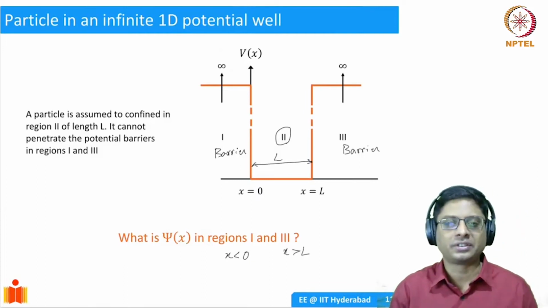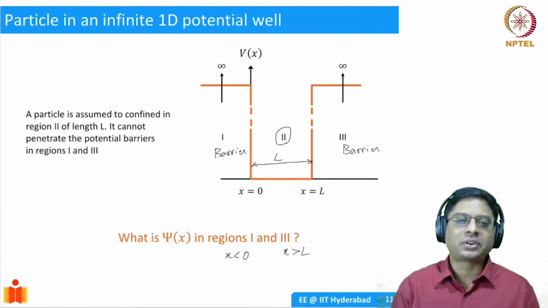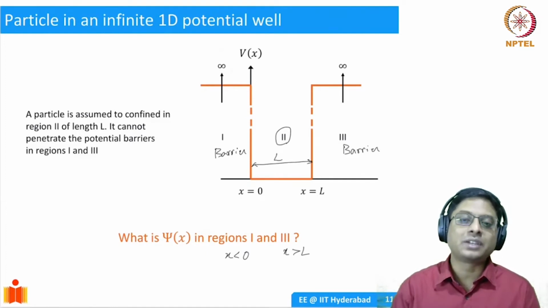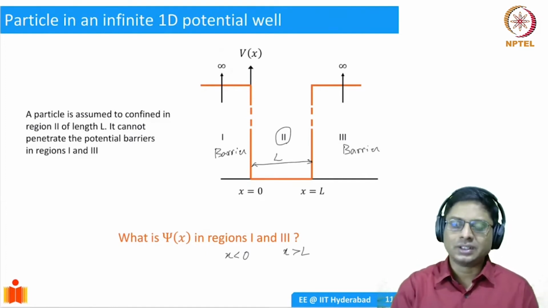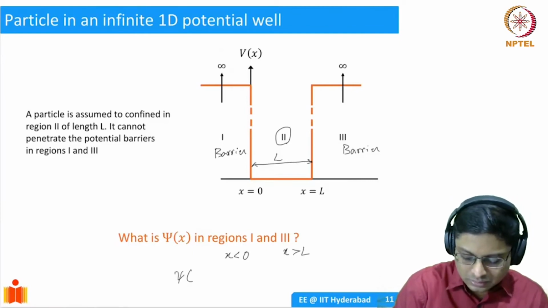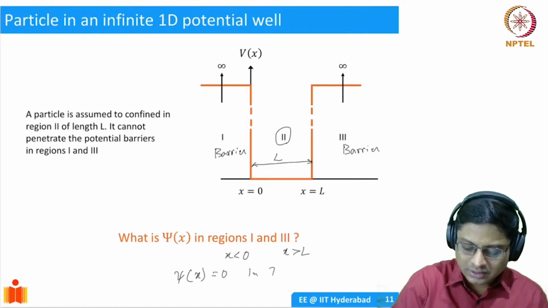What is the wave function? We are clearly telling you that the electron cannot exist in those regions. So that means there is no probability of finding an electron in that region. So the wave function has to be 0 in regions 1 and 3. Why?